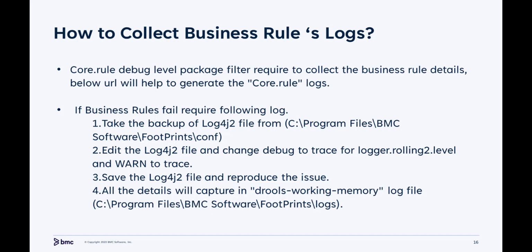Edit the log4j2 file and change debug to trace for the logger rolling level. Save the log4j2 file and reproduce the issue. All the details will be captured in the rules working memory log file, located in the BMC software footprints log folder.